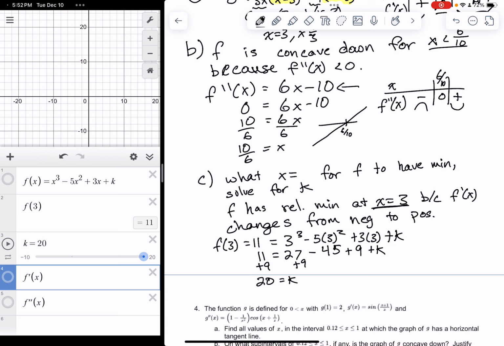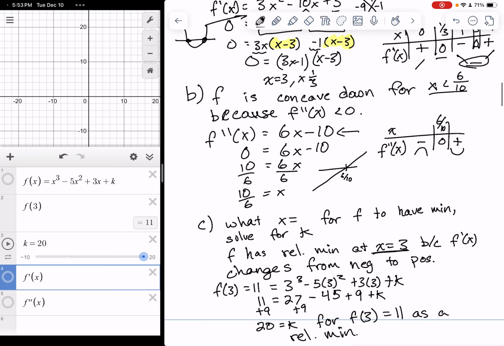So all of that information could have been there. Okay, and then we would say 20 equals k for f of 3 to equal 11 as a relative min. Awesome. And that's it. That's the end.